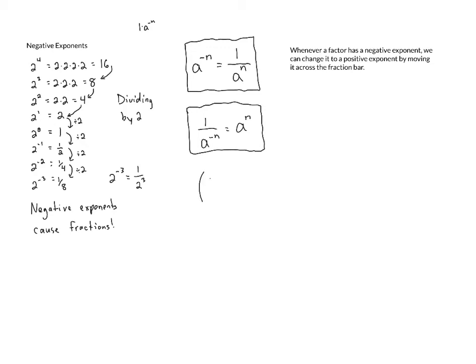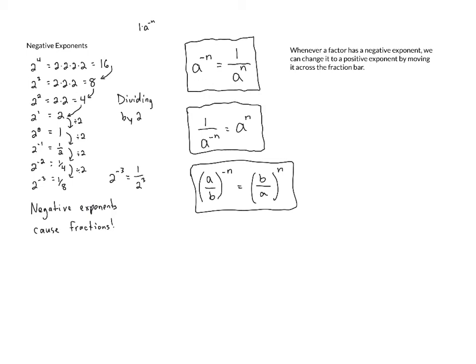If we have an entire fraction that's raised to a negative exponent, because that negative exponent affects both the numerator and denominator, we can change that negative exponent to a positive exponent, but we've got to move both the numerator and the denominator, which causes us to flip the fraction.